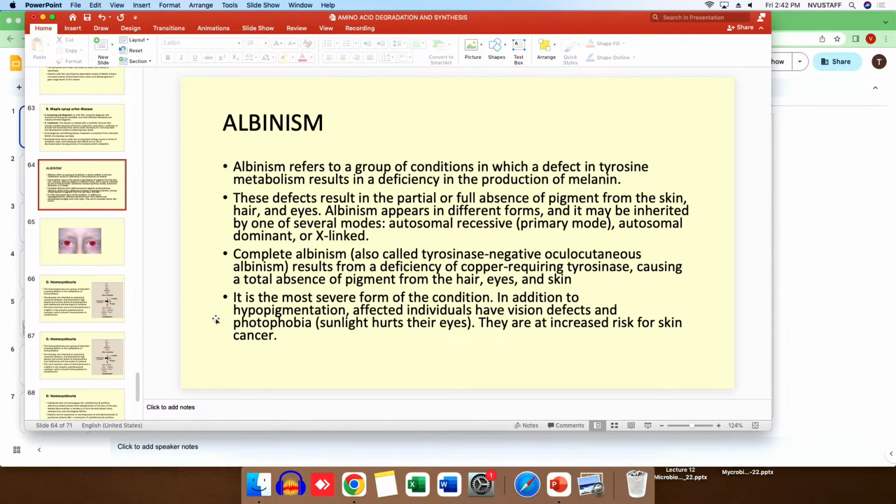So if a person with albinism suffers from anything, they will suffer with eyesight problems, burns, or skin cancer. If it's skin cancer, then early death will probably be there. We call it hypopigmentation because there is a loss of pigmentation. They have to avoid sunlight as much as possible.